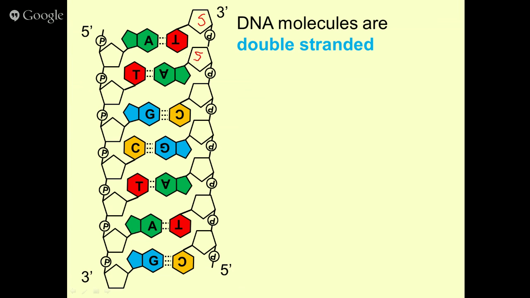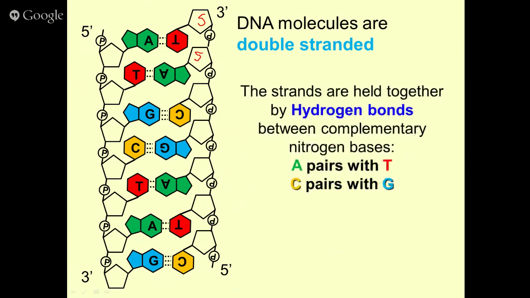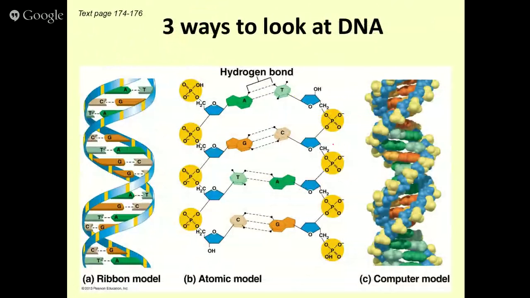These are the sugars, and then the phosphate links the sugars together. So you got sugar, phosphate, and here are your bases, your A's and T's with the 2 hydrogen bonds holding them together, and your G's and C's with the 3 hydrogen bonds holding them together. So the DNA molecule is a double-stranded double helix. A always sticks to T, G always sticks to C.